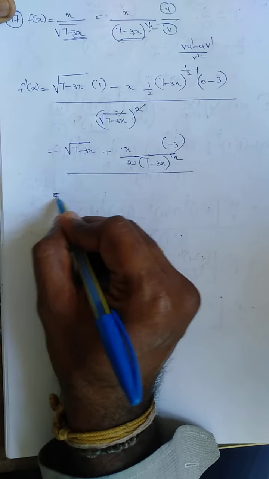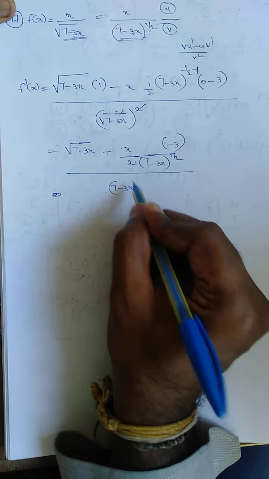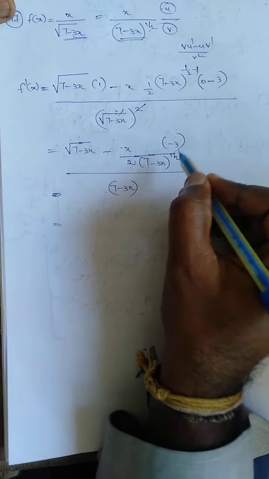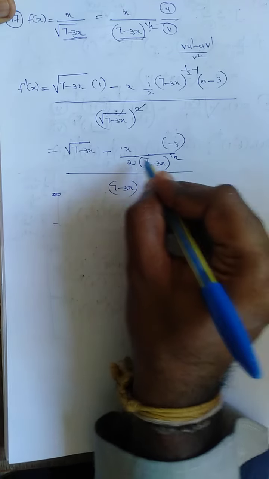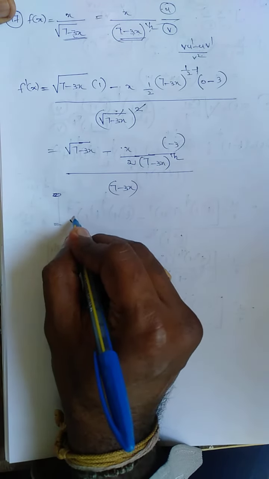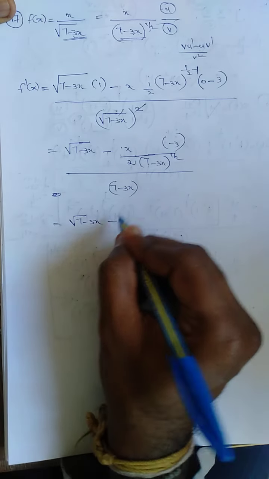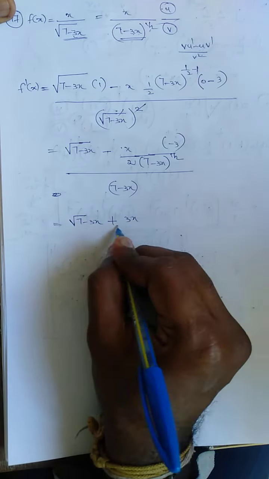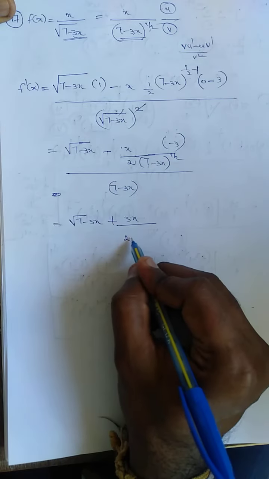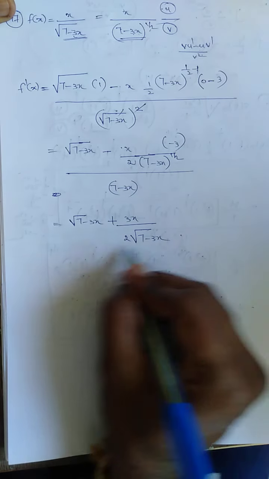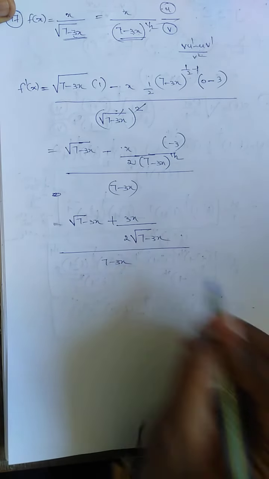Whole divided by 7 minus 3x. So next, listen carefully. Square root of 7 minus 3x, minus into minus becomes plus 3x divided by 2, into this 1 by 2 I get square root of 7 minus 3x, whole divided by 7 minus 3x.